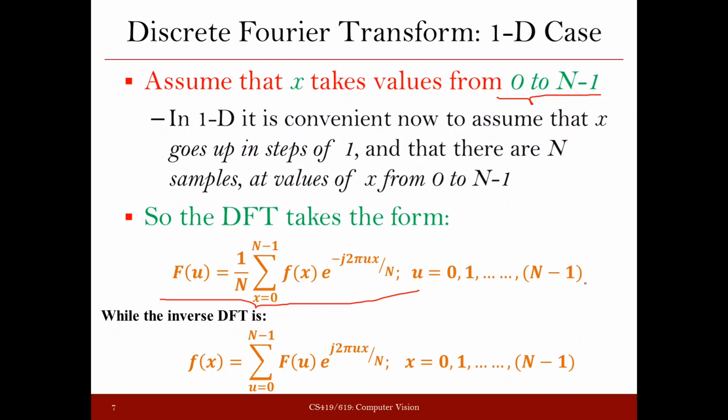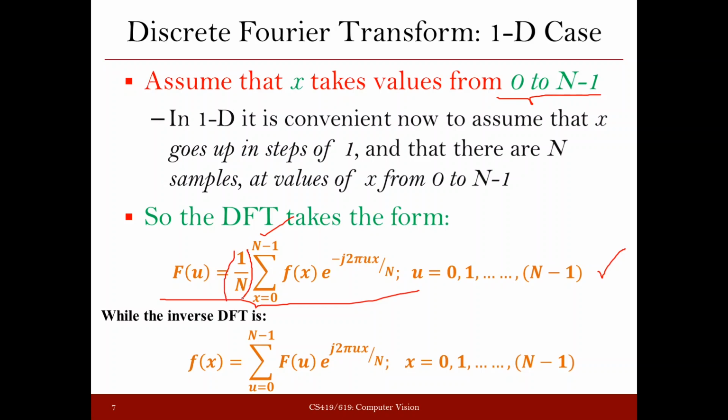Okay. Now, if you compare this formula with the case which we had for the continuous case, you will find that there are some differences here. One obvious difference is that you have replaced integration by the summation, but there are a few other differences as well. For example, in that formula you will not find this 1 by n term.